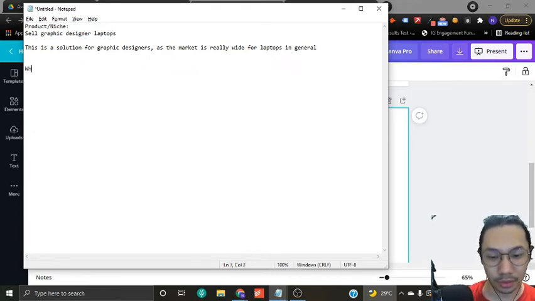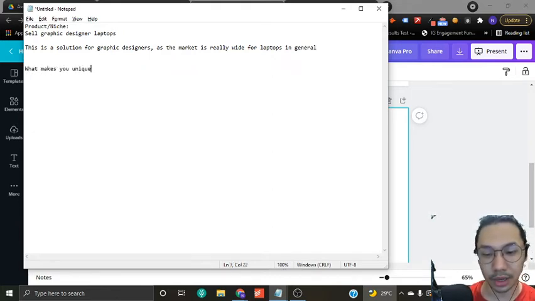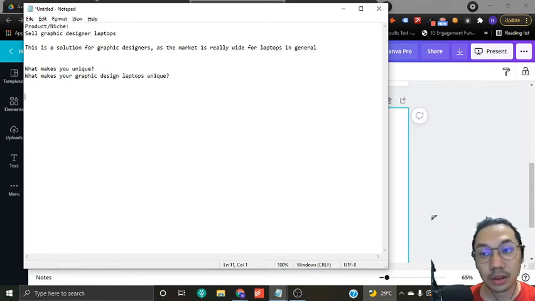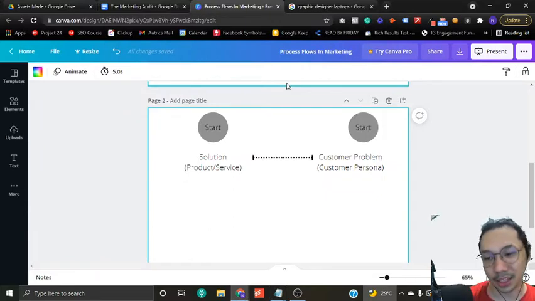So what makes you unique? Or in this case, what makes your graphic design laptops unique? So instead of looking at specs, let's look at other attributes, because specs can always be improved over time. In fact, they are always improved over time.